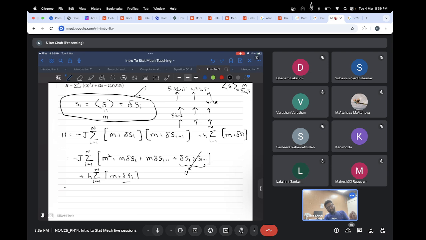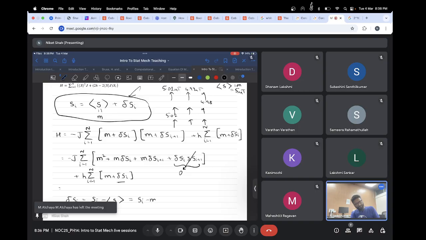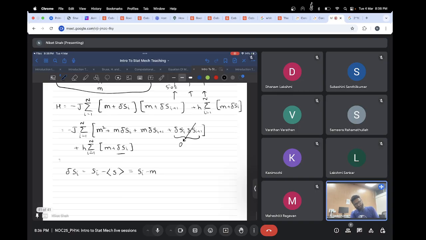Now we put it back in the original form. So delta Si, I'll now put as Si minus the mean, which is Si minus M. I'll start putting it like this.